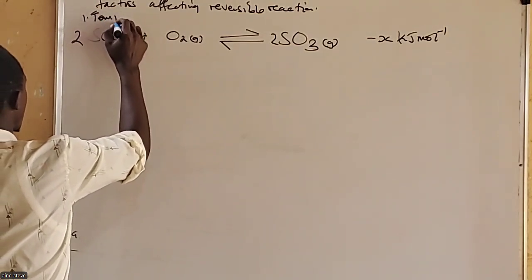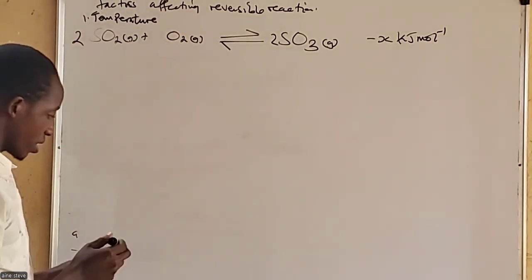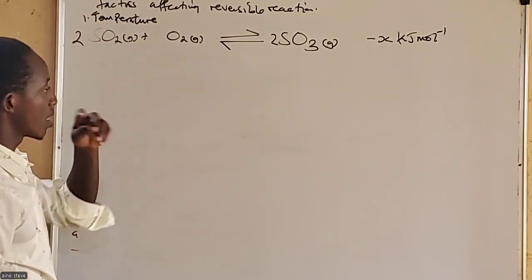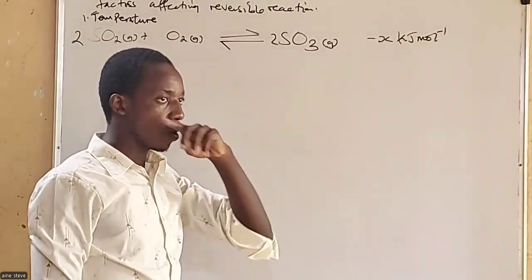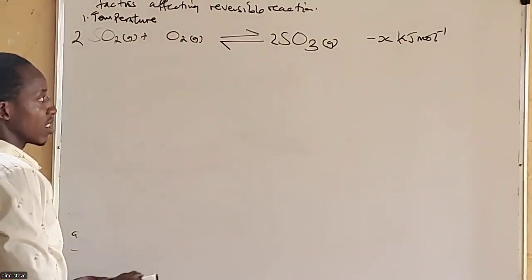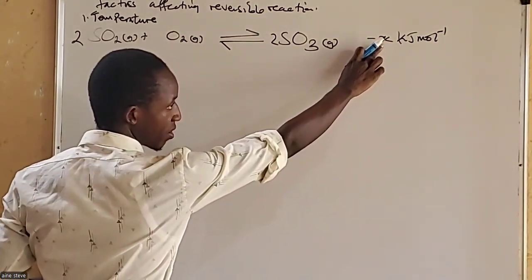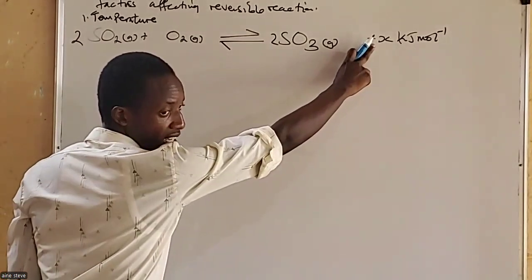Temperature. Okay? Temperature. Now, temperature affects a reversible reaction based on whether the reaction is exothermic or endothermic. For exothermic reactions, these are reactions that proceed by giving out heat to the surrounding, and they have the magnitude of negative sign.